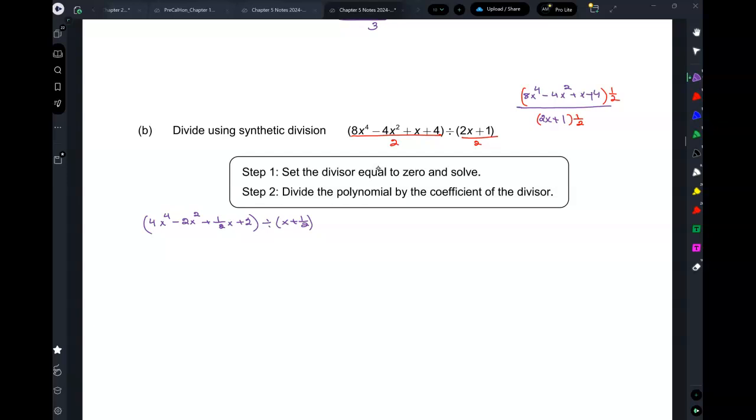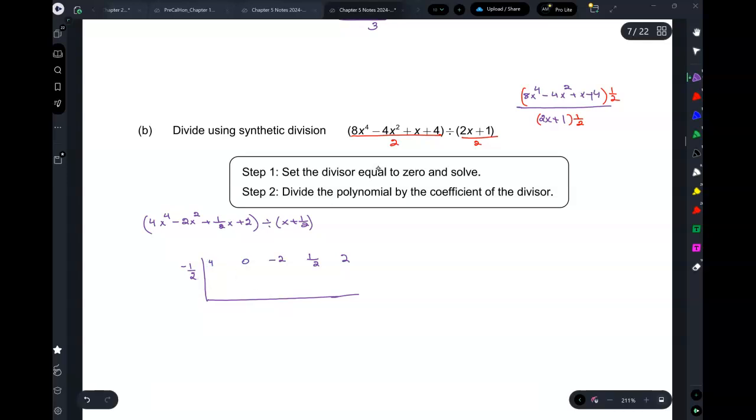This is the new problem that we have now. So here we're going to put -1/2 on the outside. And we have what? 4, 0, -2, a half, and 2. Is that right? 4, 3, 2, 1, 0.